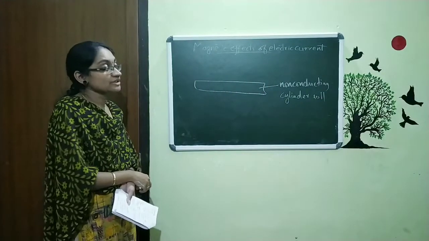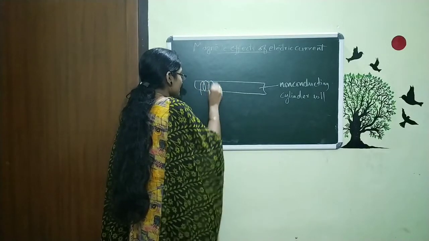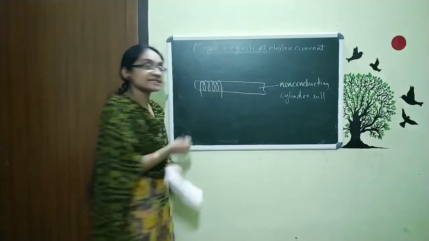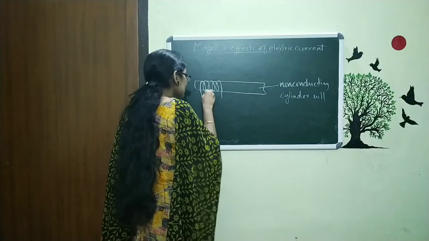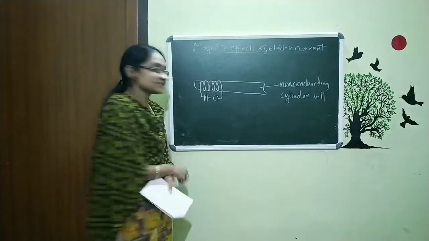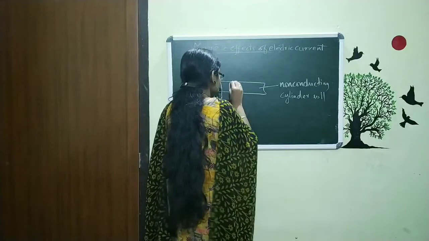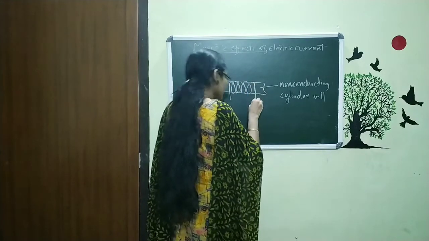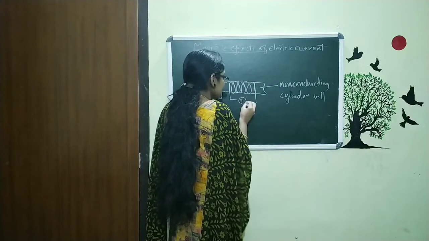We take the non-conducting cylinder rod, and then take some copper wire and make a coil, and then connect a battery, and one key is placed. This is our first coil, and the next coil is this. Again copper wire with a number of turns, placing one galvanometer.